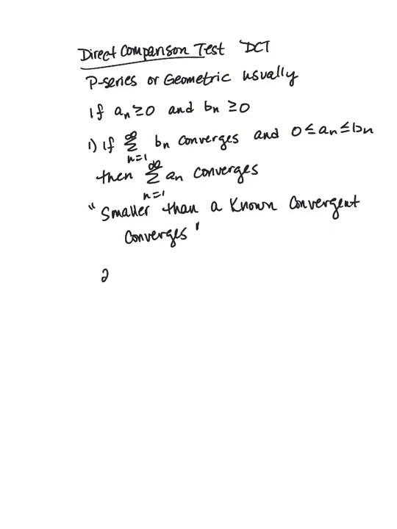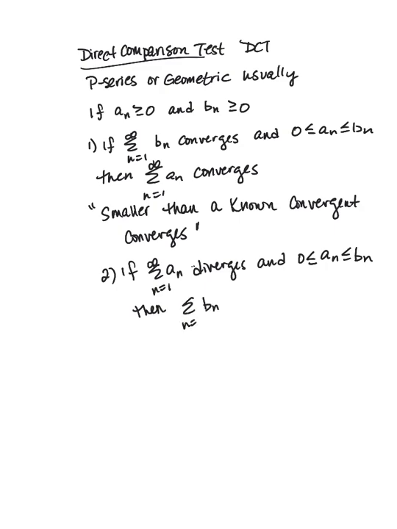All right. 2, if the series a sub n equals a constant to infinity, diverges, and 0 is less than or equal to a sub n less than or equal to b sub n. So this means b sub n is greater, then the series b sub n equals 1 to infinity diverges as well.